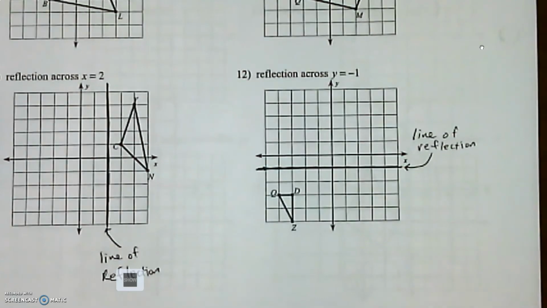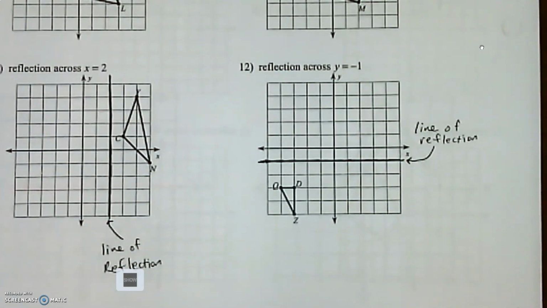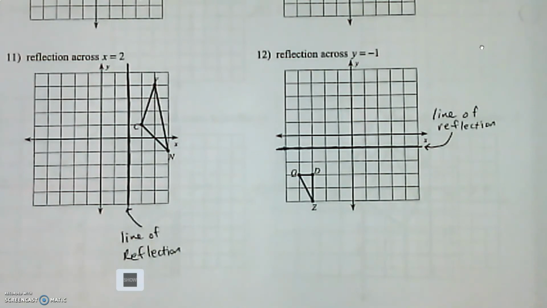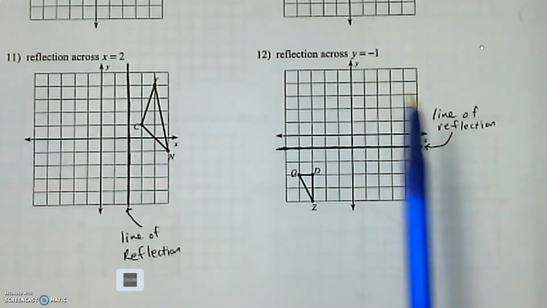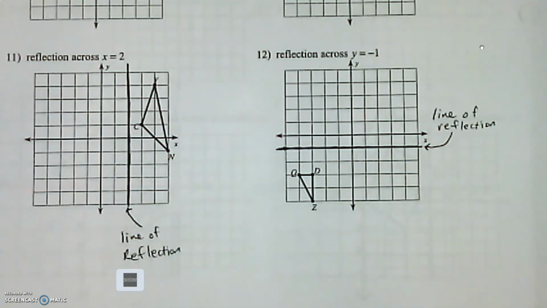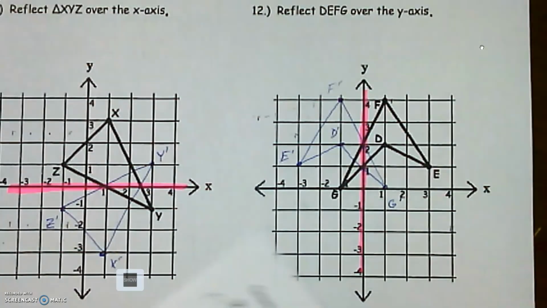Now the last two I just need to show you, you will not reflect over the x and y axis. On number 11, you'll reflect it over the line x equals 2, so I drew that on here, that's this. And for number 12, you will reflect across this line y equals -1, which I drew. So you're not going to reflect over an axis. Okay, if you need any help, let me know.